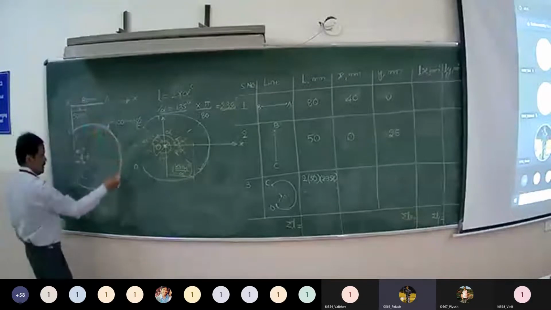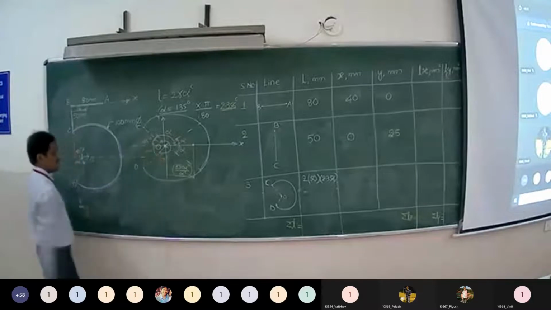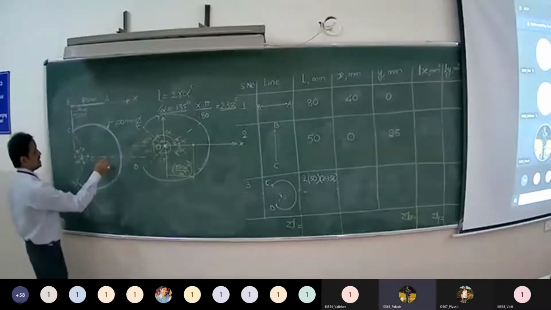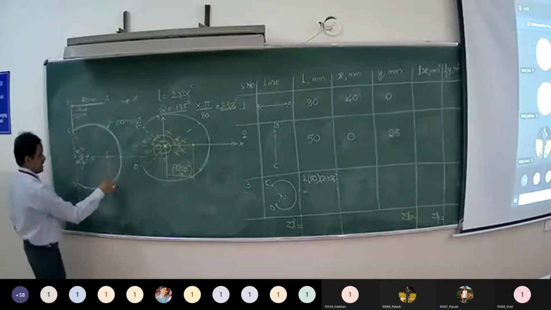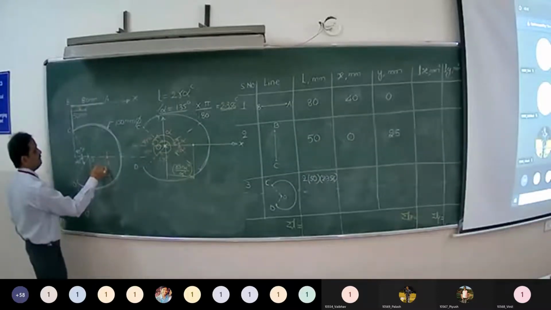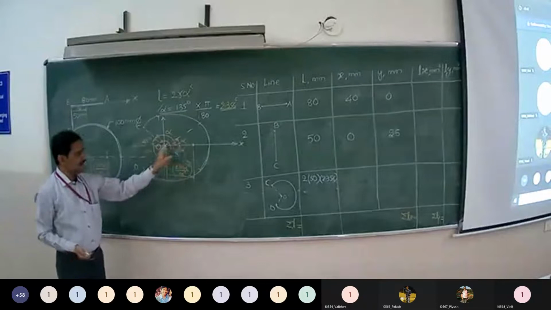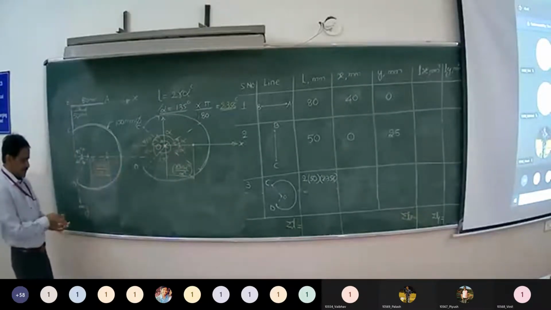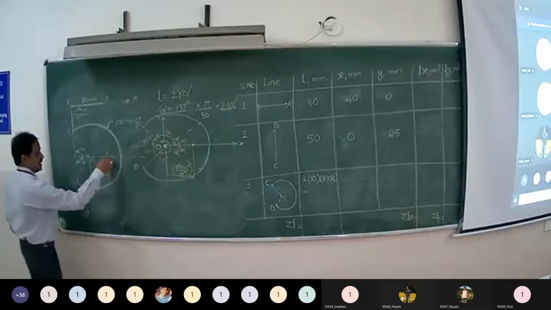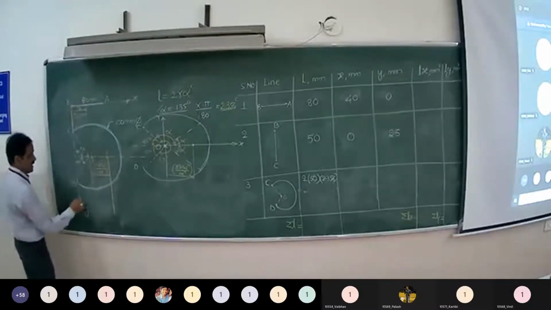See, this circular arc is symmetrical about the horizontal axis. We know that the centroid will be located on the symmetrical axis. Its distance from the center of the circle is given by r sine alpha upon alpha, right? Here r sine alpha upon alpha means the distance of the centroid from the center of the circle. Now here x means the distance of the centroid of this circular arc from the y-axis.